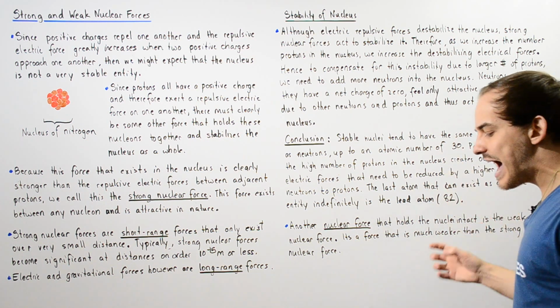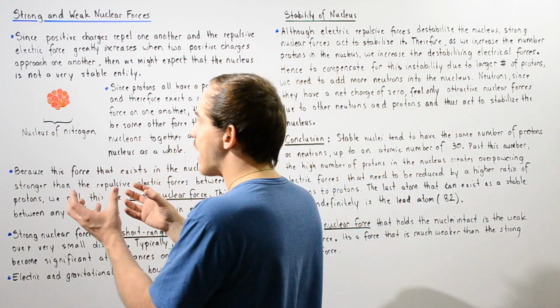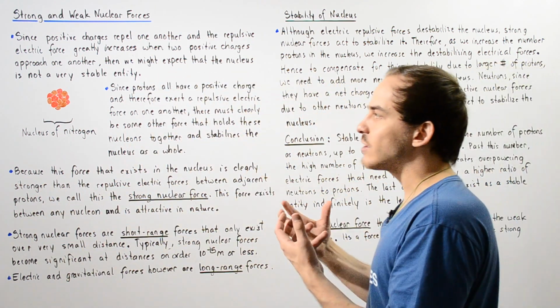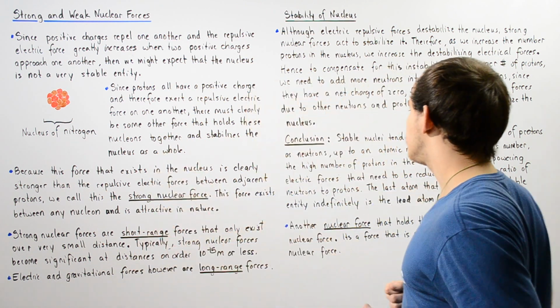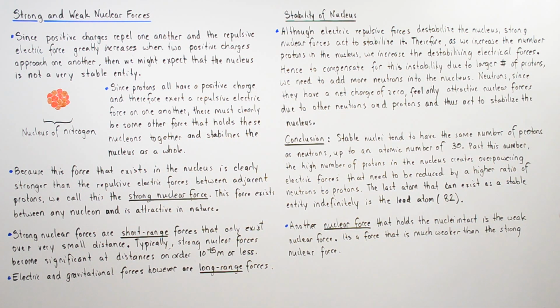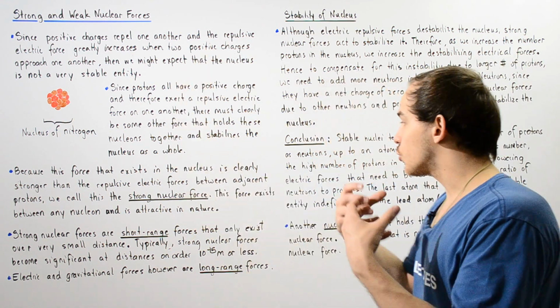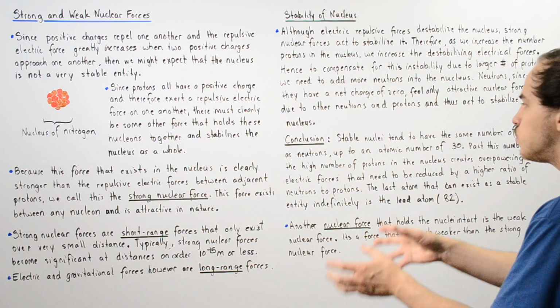So when we have 30 protons in our nucleus, we'll have 30 neutrons in that nucleus, and that will still create a stable structure. Now, past this number, when we go higher than 30 protons in our nucleus, the high number of protons creates an overpowering repulsive electric force, and that force needs to be reduced by increasing the ratio of neutrons to protons.